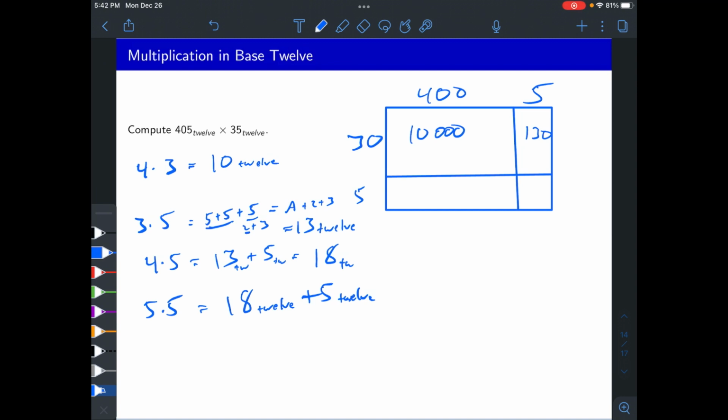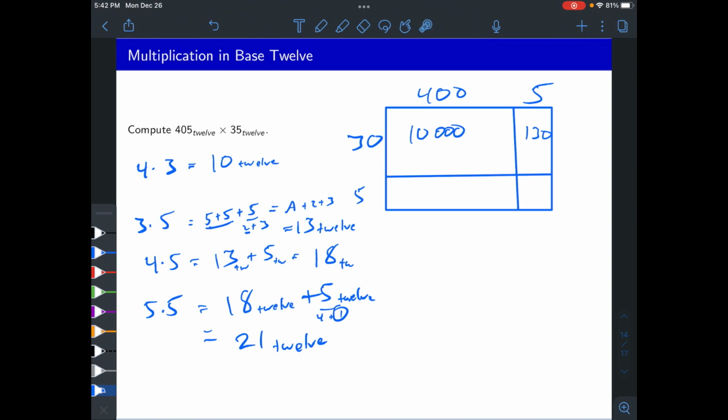Sorry, my handwriting on the subscripts is terrible right now, but whatever. Okay, so 18 plus 5 base 12. So the 8 and the 5 would make 13, which is bigger than 12. So I want to make a group of 12. So I'm going to split the 5 up as 4 and 1. Combine the 4 with the 8 to make a group of 12. Now I have 2 groups of 12, and then the 1 left over. So 21 base 12.